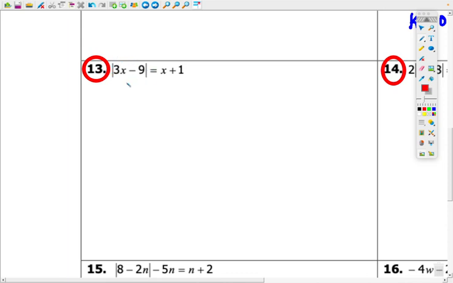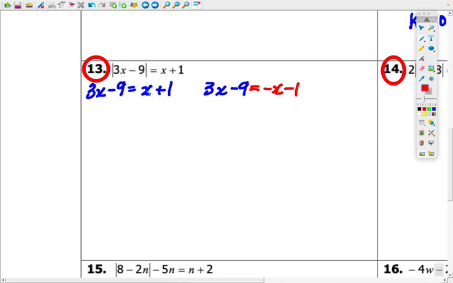So I may proceed with my two cases. In my first case, I'm going to leave it positive. So I will have 3x minus 9 equals x plus 1. And on my second case, I'm going to have 3x minus 9, but this time, I'm going to change both of my signs, and it will be -x minus 1.